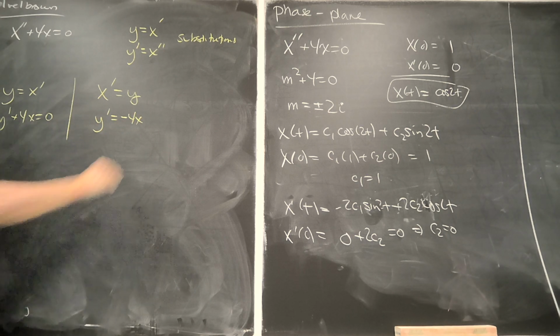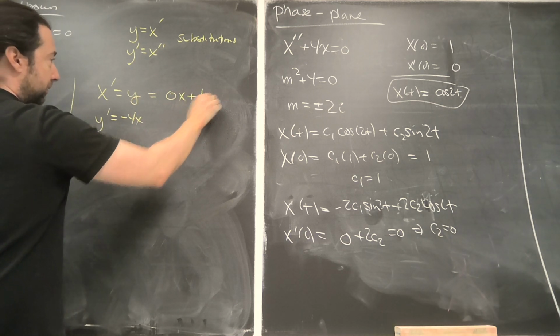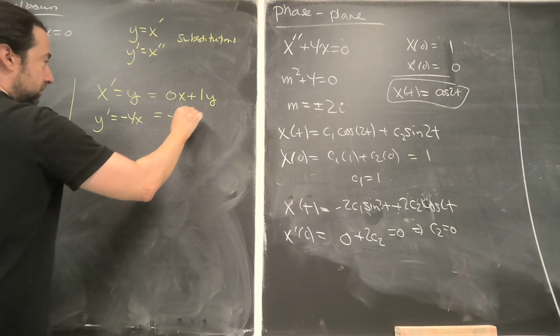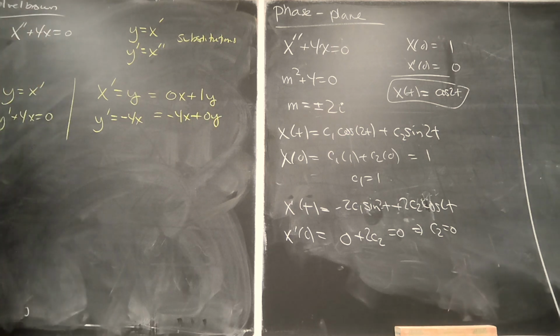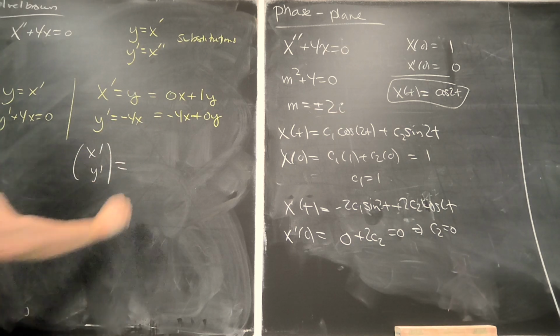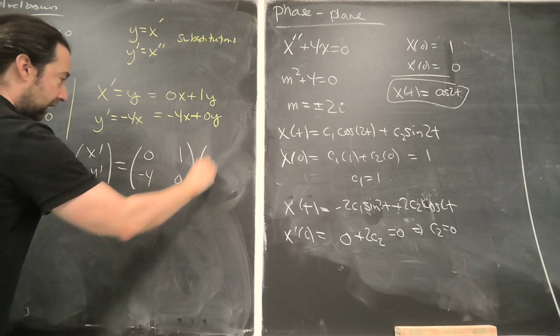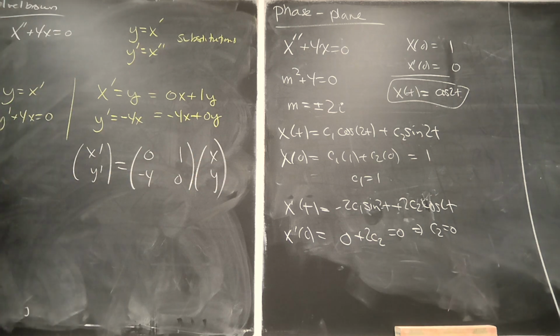Or if I want to emphasize that I'm looking at a linear system, the matrix form looks like this: x prime, y prime is equal to 0, 1, minus 4, 0 times x, y.